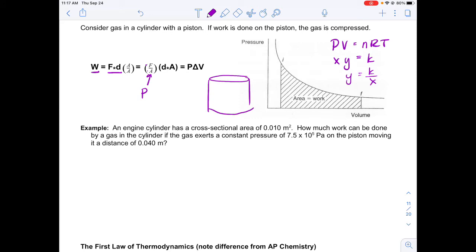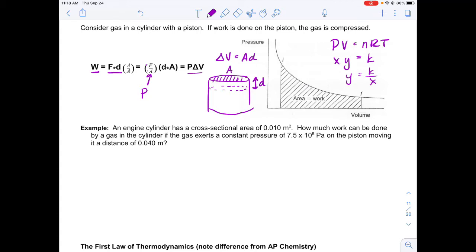If I push down on a piston to change the volume, if that's my distance and this is my cross-sectional area, I know from geometry that the change in volume is going to equal that cross-sectional area times the distance. So that's just a little visual of how we get this.